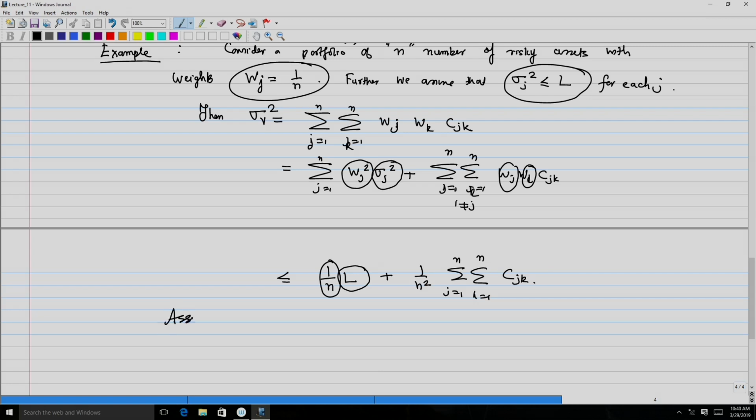Now, we assume further that all of the off-diagonal elements of the covariance matrix C are equal. By this I mean that c_jk is some constant c greater than 0 for all j not equal to k.